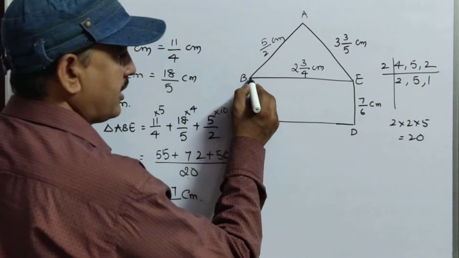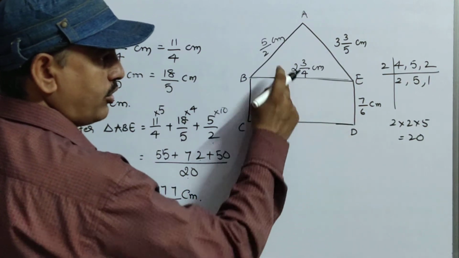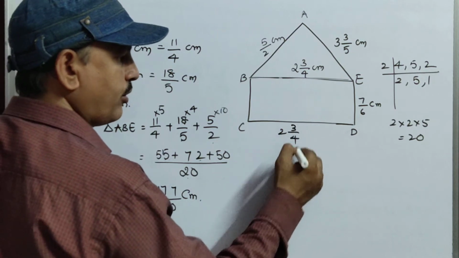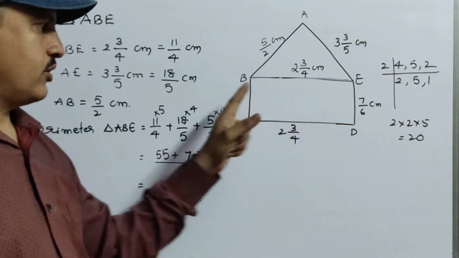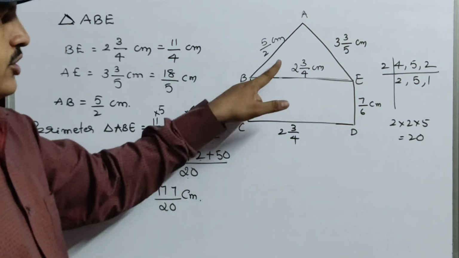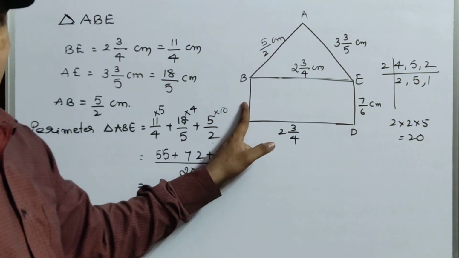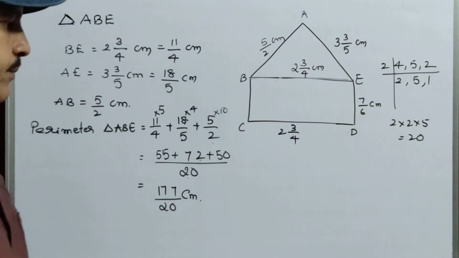Okay, now listen children. BE and CD are equal because both are lengths. So you can write 2 3 by 4 here also, no problem. These two are lengths, these two are breadths. So this is also 7 by 6. Because in a rectangle both lengths are the same and both breadths are the same.